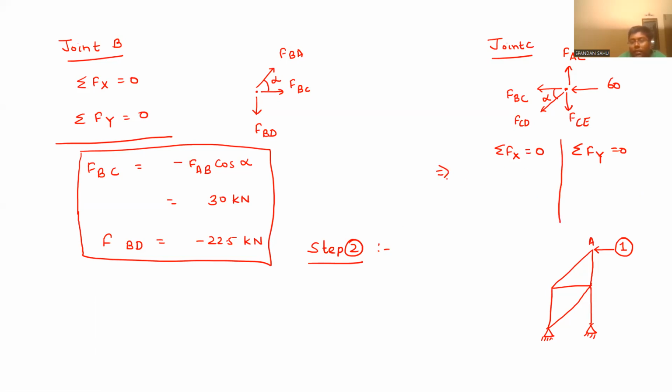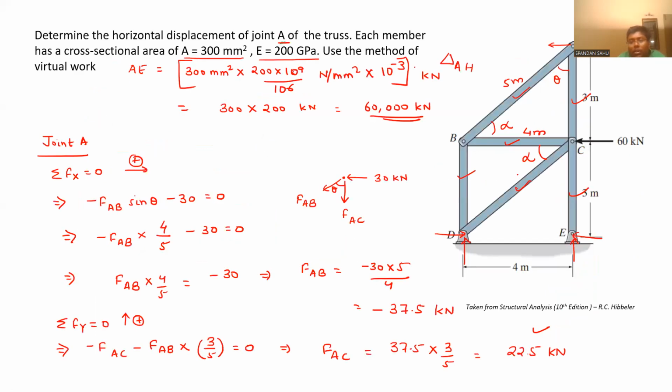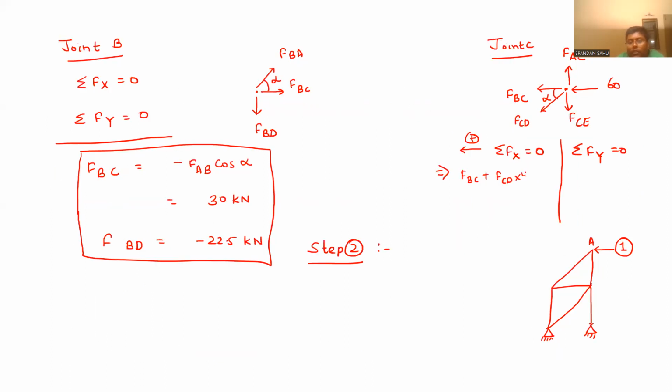Let us write the equation. FBC plus, now I am taking leftward to be positive so that the minus sign won't come into the picture, FCD cos alpha, which will be 4 by 5, plus 60 will be equal to 0.